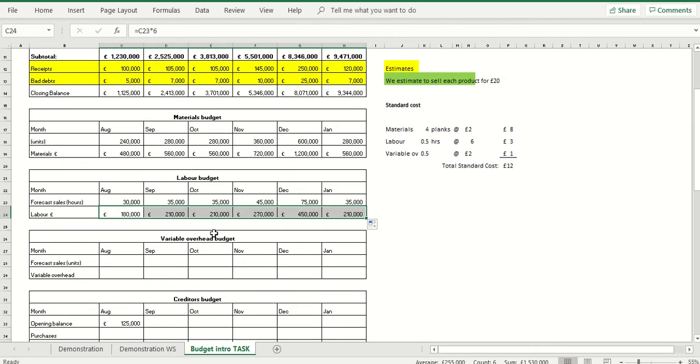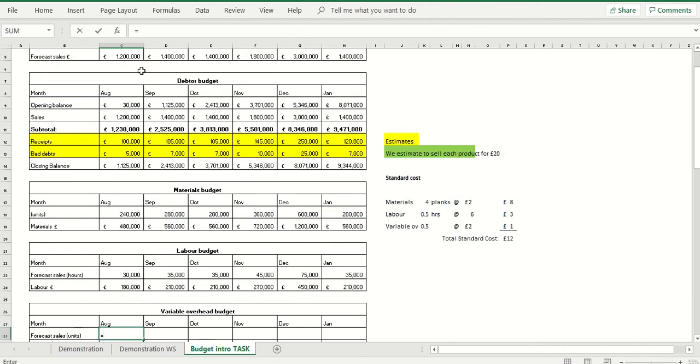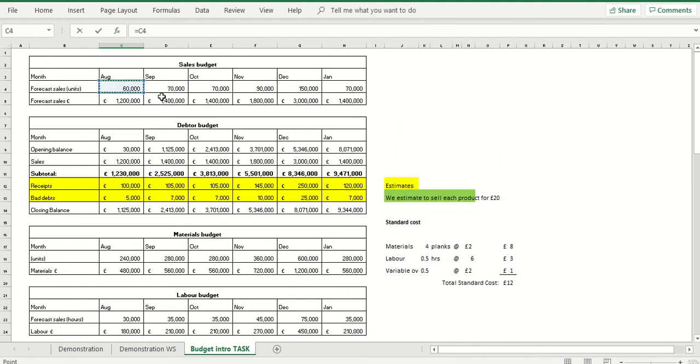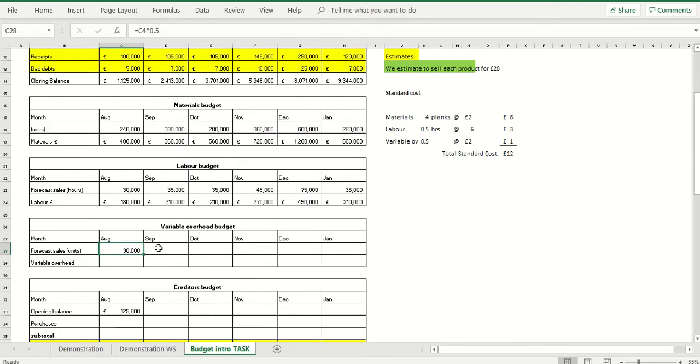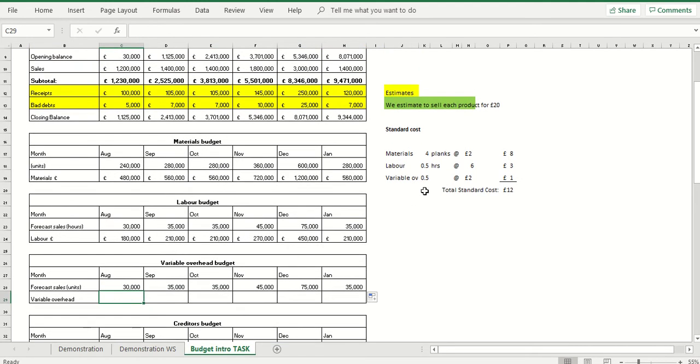The variable overhead budget is, we need half of that. So if we again are saying that we're going to make 60,000 products times half, that will give us 30,000 units of variable overheads, and we can drag that across. In terms of the cost of making this, each unit has a cost of £2.